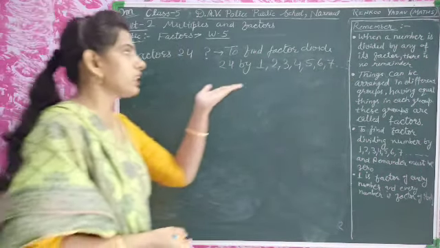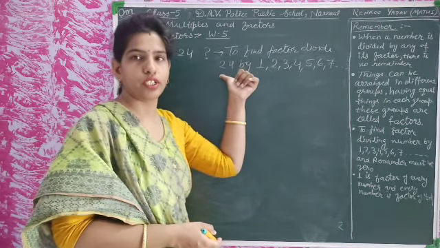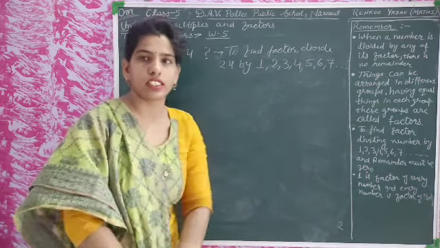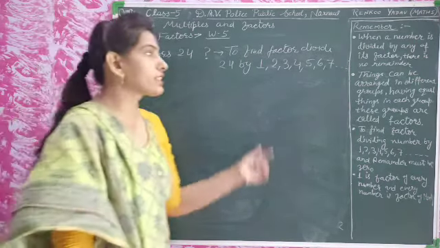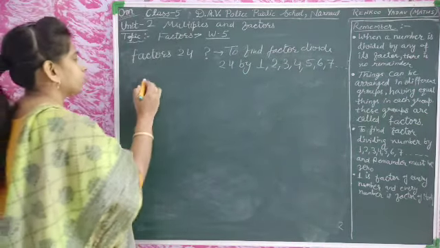Is it clear, students? When will you stop here? How many numbers can you divide 24 by? We will check how to calculate that. When will we stop the process? Is it clear, students? Now check the factors of 24.